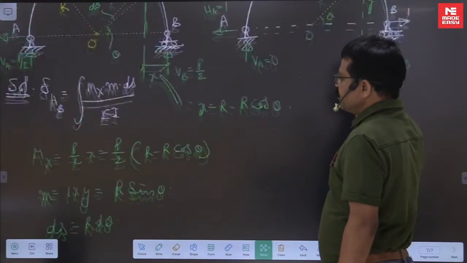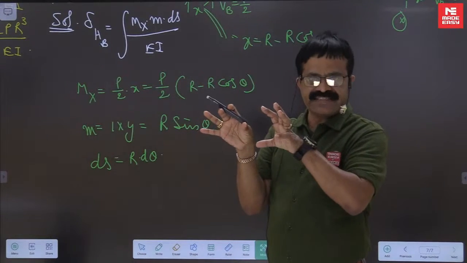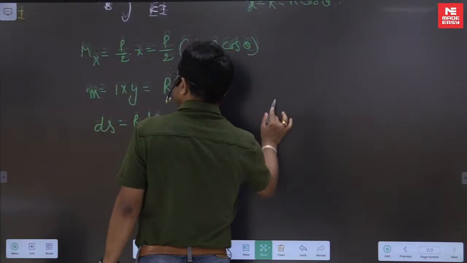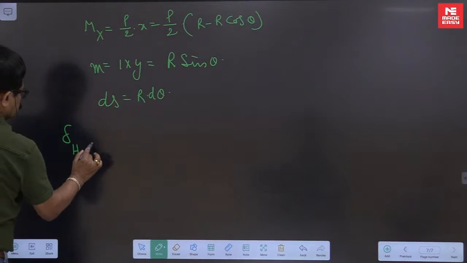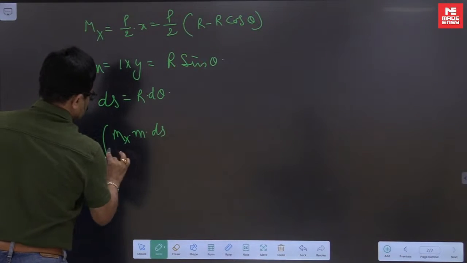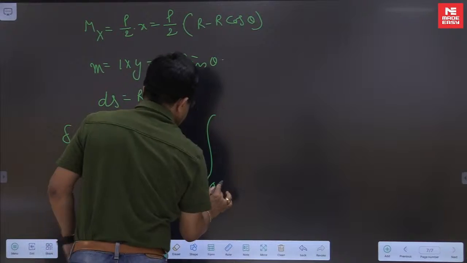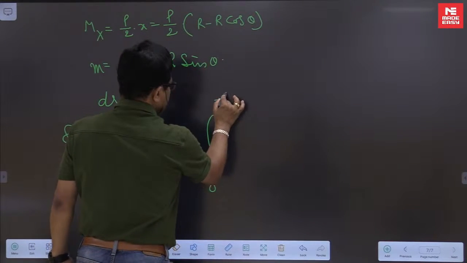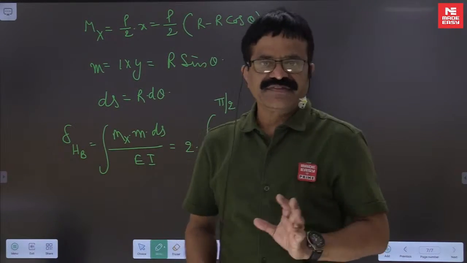Now here also, because of the symmetry as far as the loading is concerned, only one element multiplied by 2. Integral of Mx into m into ds by EI. So two segments are there, 0 to pi by 2 and another pi by 2 to pi. 0 to pi directly we cannot take, because the same bending moment expression is not valid.